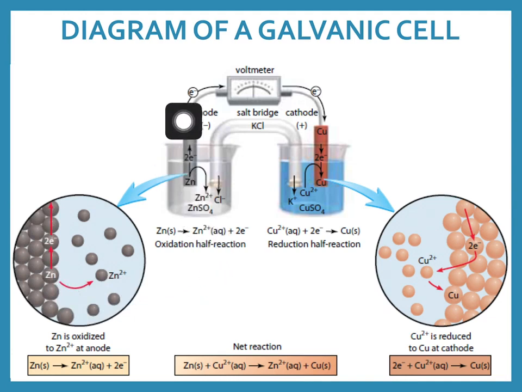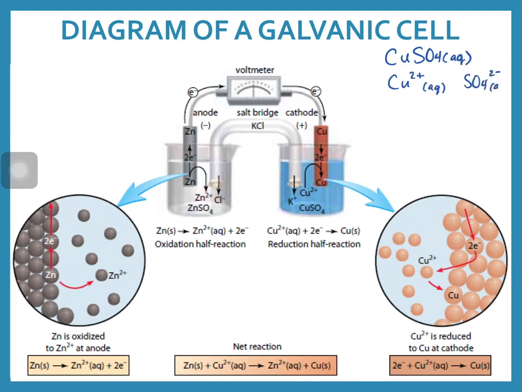On the other side, as electrons are coming over to this electrode, we have copper sulfate solution, which, remember, is aqueous, and so it is going to dissociate into copper ions and sulfate ions. Those copper ions from solution, because they're positively charged, are going to be attracted to the negatively charged copper electrode because of those electrons coming in.